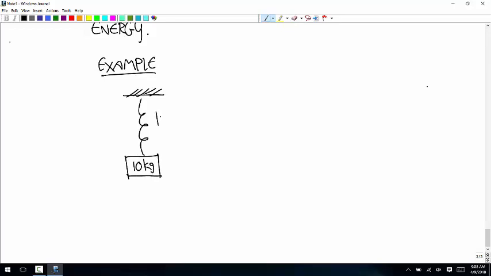And let's say the spring constant is 500 newtons per meter. And let's say that h equals 0 is the object's location when the spring is at its resting length.